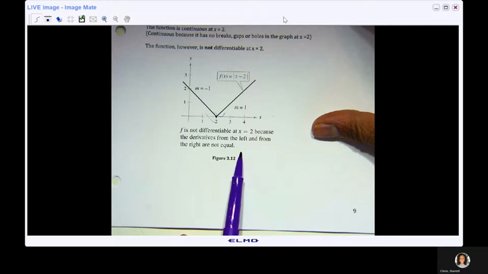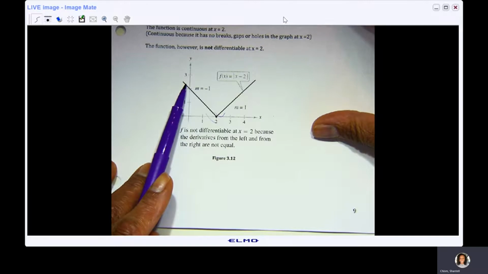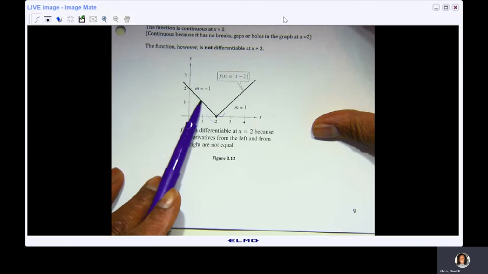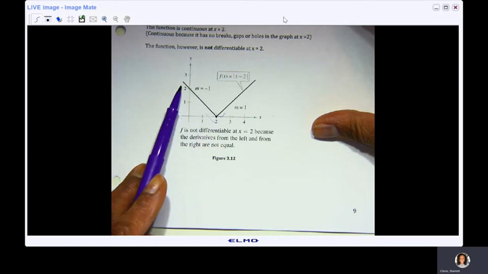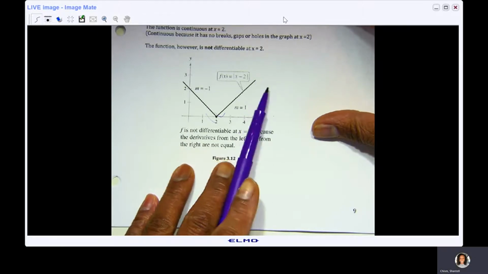Okay, that makes sense. And when I say derivative, I'm referring to the slope. So from the left side, the slope is actually negative, and the right side is increasing.